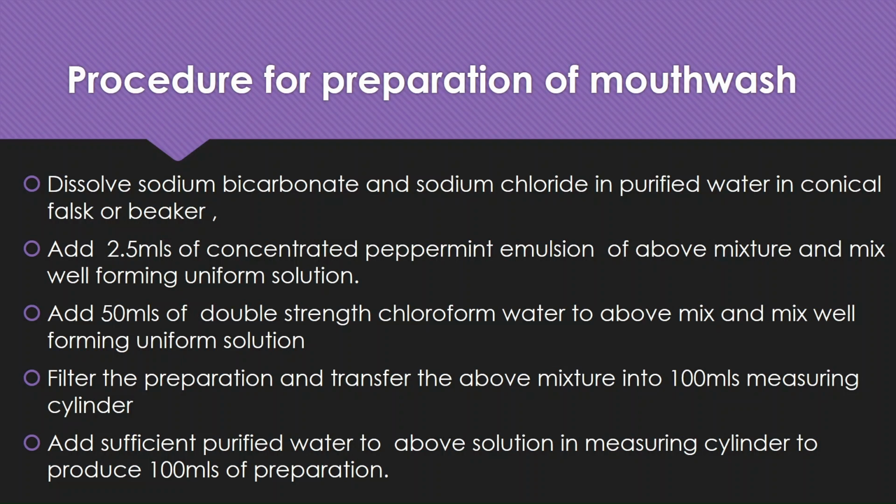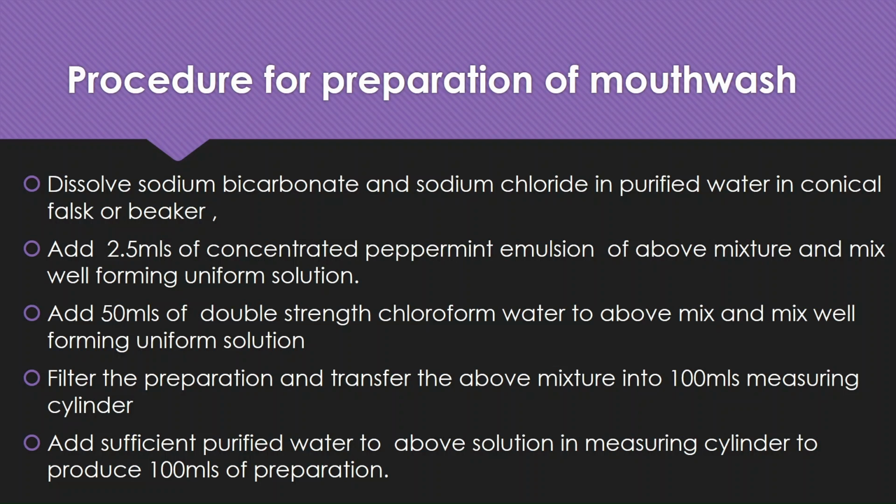So maybe briefly I can talk about it. You need to weigh the required grams of sodium bicarbonate, and then you also need to weigh the required grams of sodium chloride. In our working formula, we see that we need bicarbonate 1 gram, and then sodium chloride we need 1.5 grams.